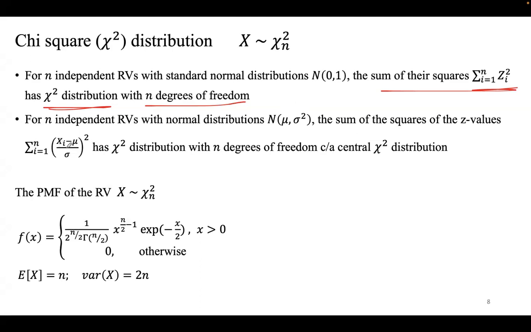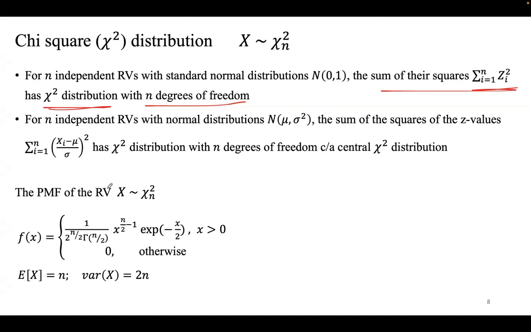So what you're doing here is from each of the random variables, you are subtracting the mean, and you are dividing it by the standard deviation and you're squaring it up. Then this value now, so initially it was directly the sum of the squares, but now it's the sum of the squares of this normalized and centralized value, and that has a chi-square distribution again with n degrees of freedom, right?